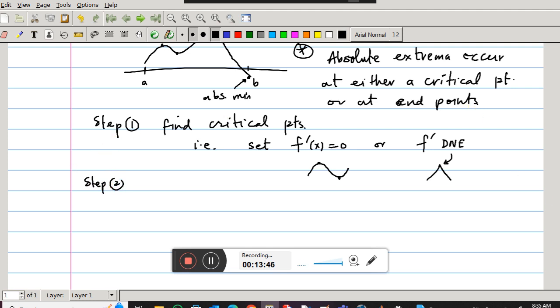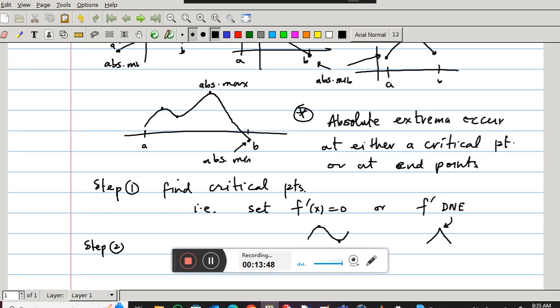Now you see, I don't have to find the second derivative and see whether it is increasing, decreasing. No need to do that. The reason is, if I compare this highest point, let's say this is my critical point C1, this is my critical point C2, and this is my critical point C3, right?